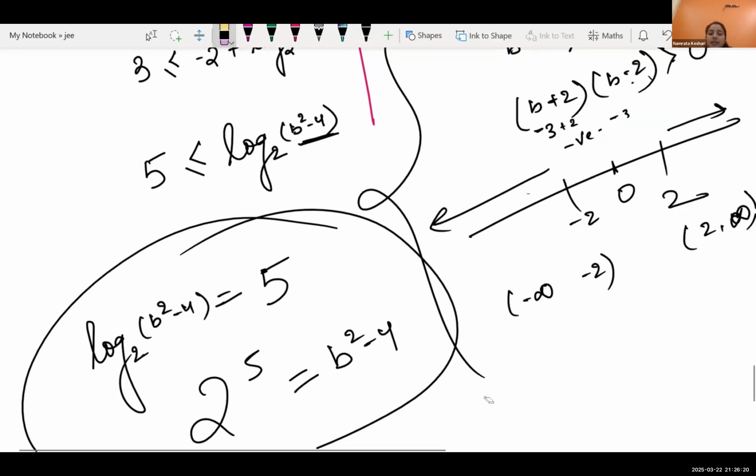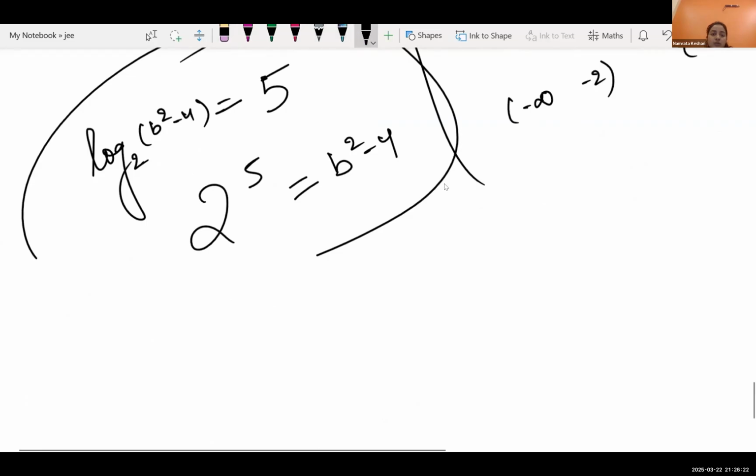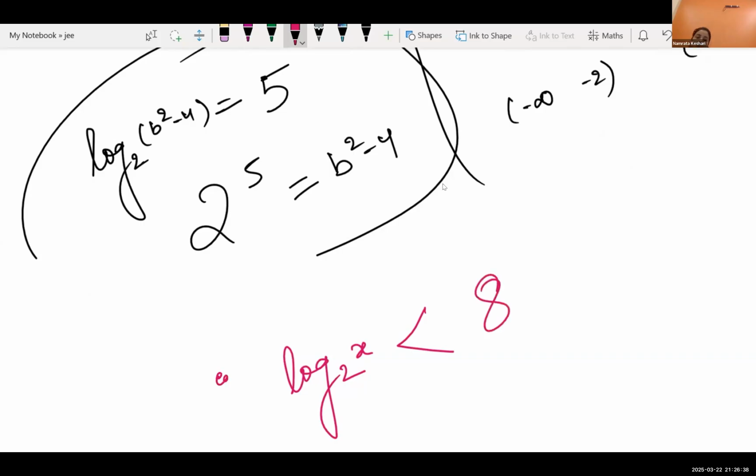Right. So let me take one example. Suppose we are having, let me create the example, just a second.